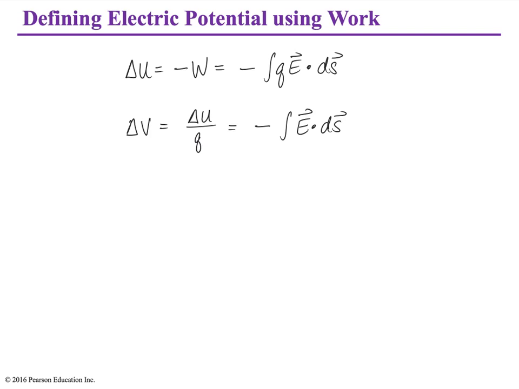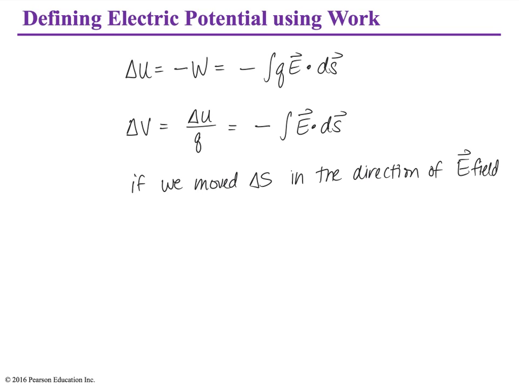And there's an interesting conclusion from this: if we move a delta S in the direction of the electric field, then this relationship tells us that our delta V will be less than 0.